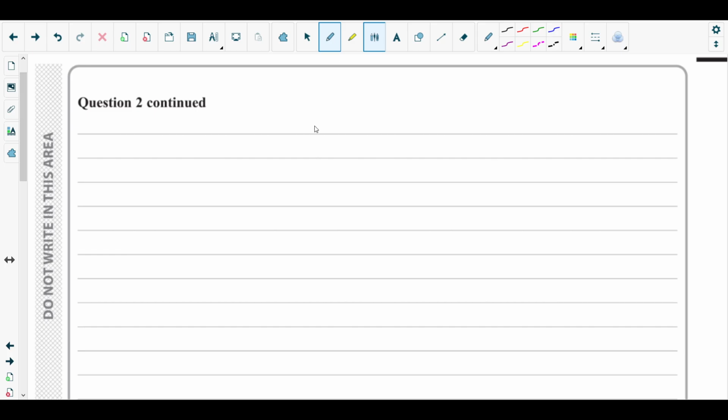For finding PMCC, we need at first the value for S of xx. So S of xx equals sum of x squared minus sum of x whole squared over n.